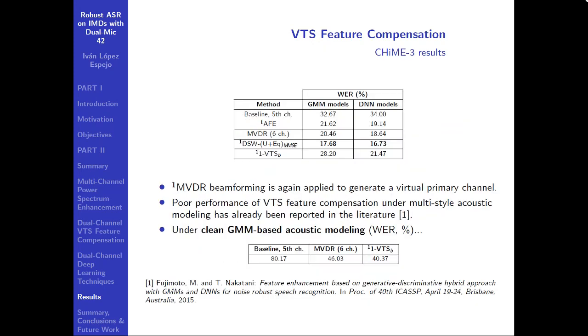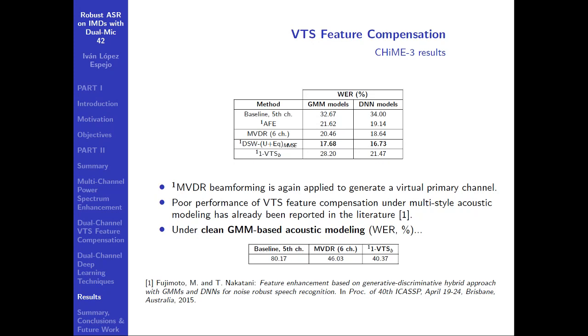In the case of CHiME 3, VTS feature compensation exhibits a poor performance, as it even degrades NVIDIA beamforming, again applied to generate a virtual primary channel. In this respect, poor performance of VTS feature compensation under multi-style acoustic modeling has already been reported in the literature.